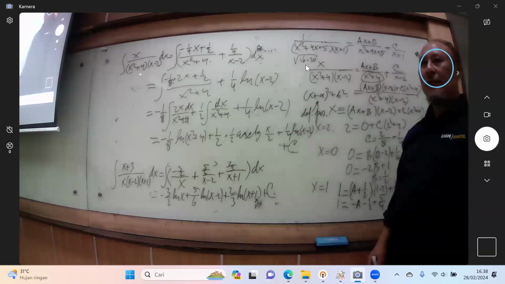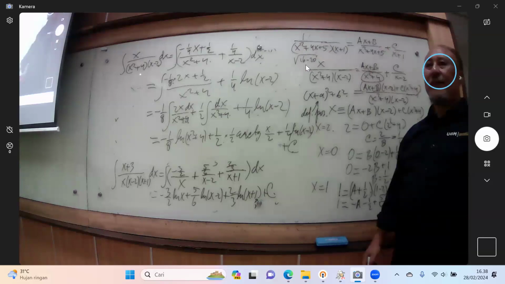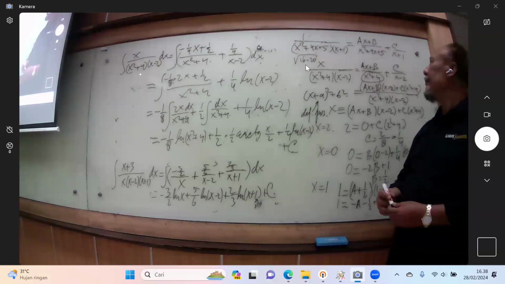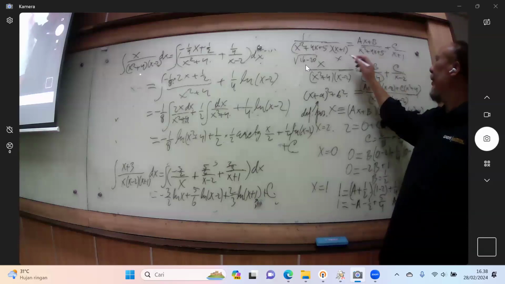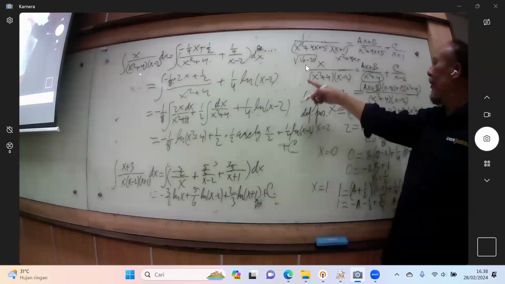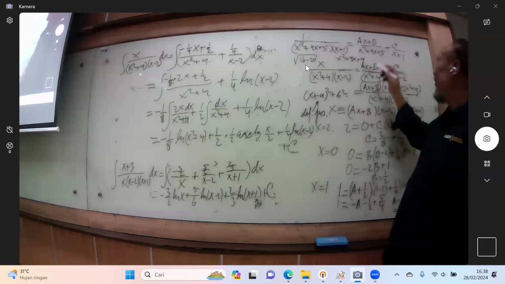So the condition of this one is that the denominator is definite positive. And then later on you have to change it into the definite positive form. x squared plus 4x, to make it this form, then it's just plus 1.